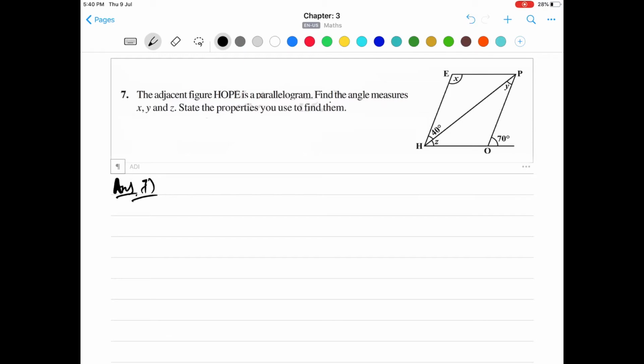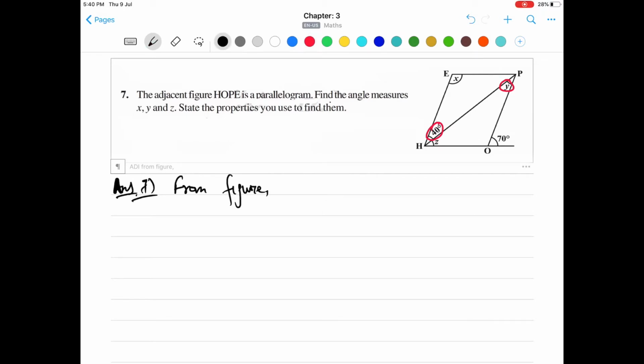From the figure we find that this 40 degree angle and this y will be equal because they are alternate interior angles.